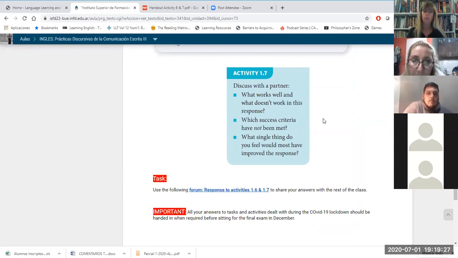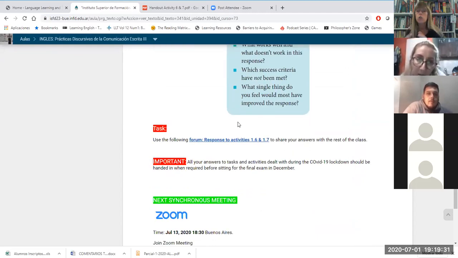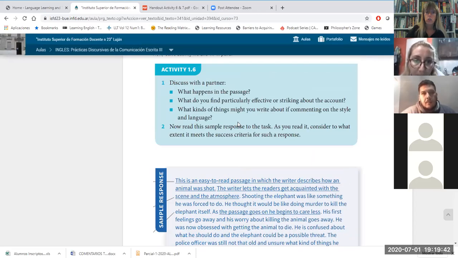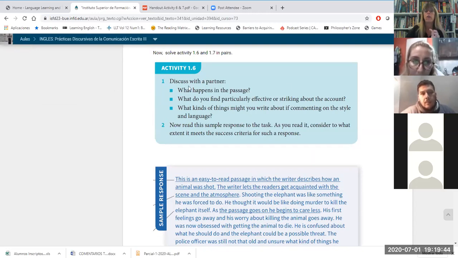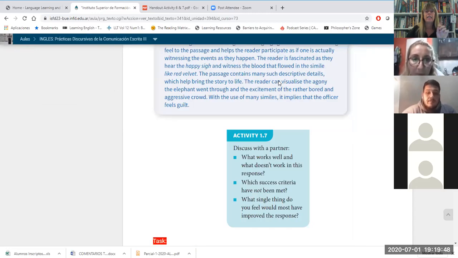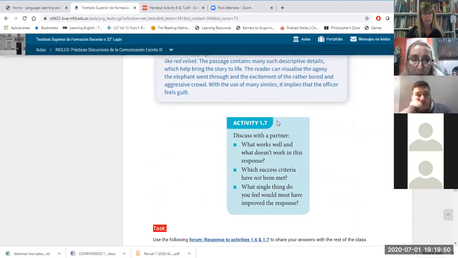So what you are going to do is get together with somebody else. You need to work in pairs or in groups of three, but not more than three, and try to answer the questions. You analyze the questions in activities 1 to 6 and 1 to 7.